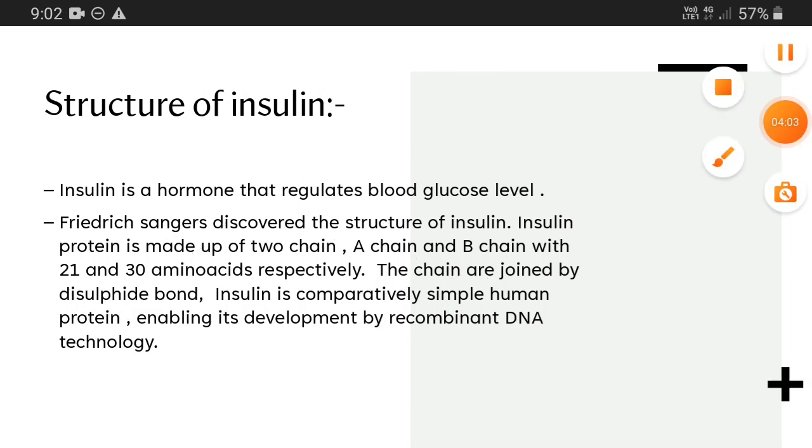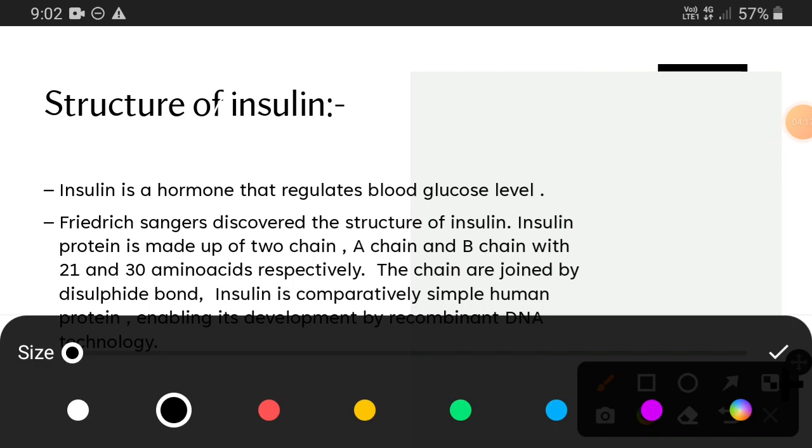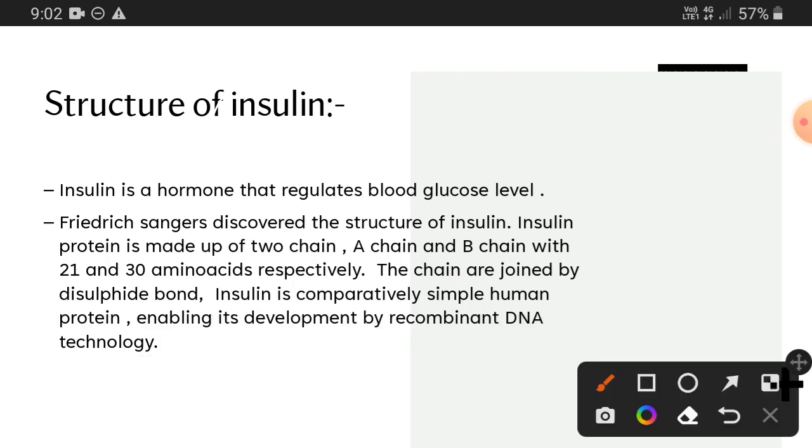Insulin is comparatively the simplest protein present in humans. That is why we are capable of producing insulin. More specifically, insulin is the first approved drug produced with the help of recombinant DNA technology.